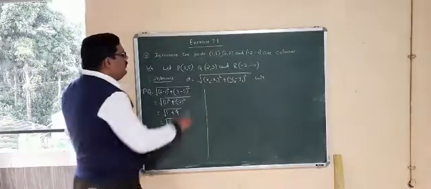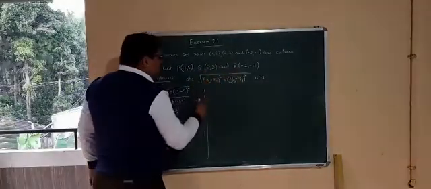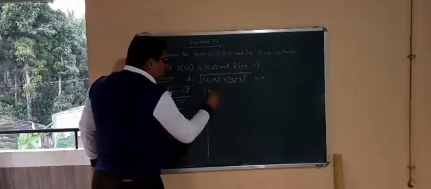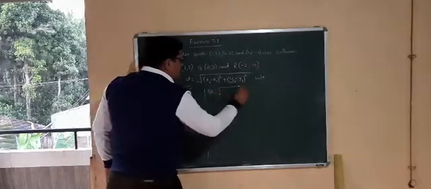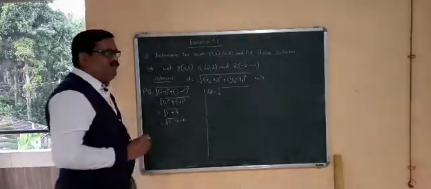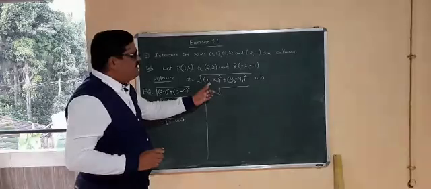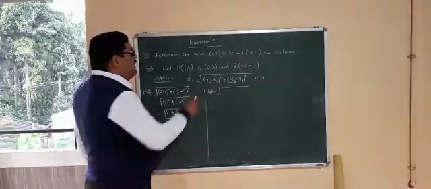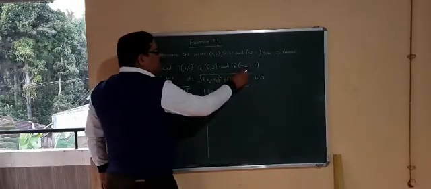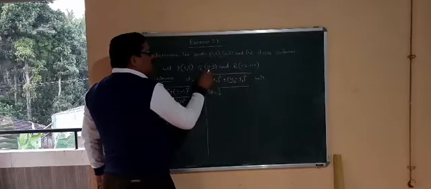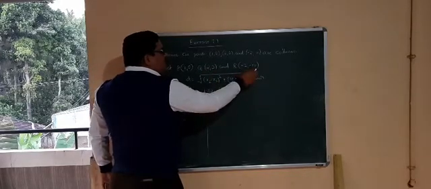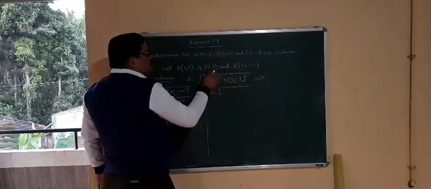Now the distance between the second and third point, that is QR. Again we have to find the distance between Q and R with this formula, taking x2 as minus 2 and x1 as 2, y2 as minus 11 and y1 as 3.